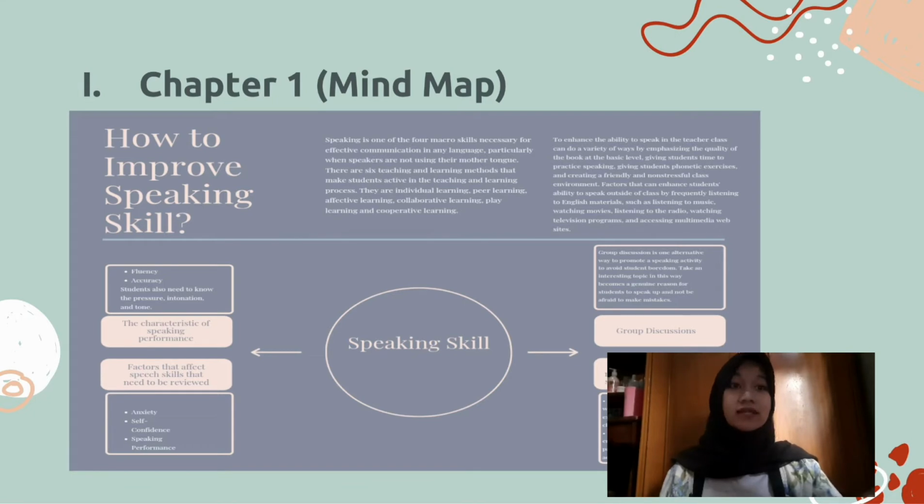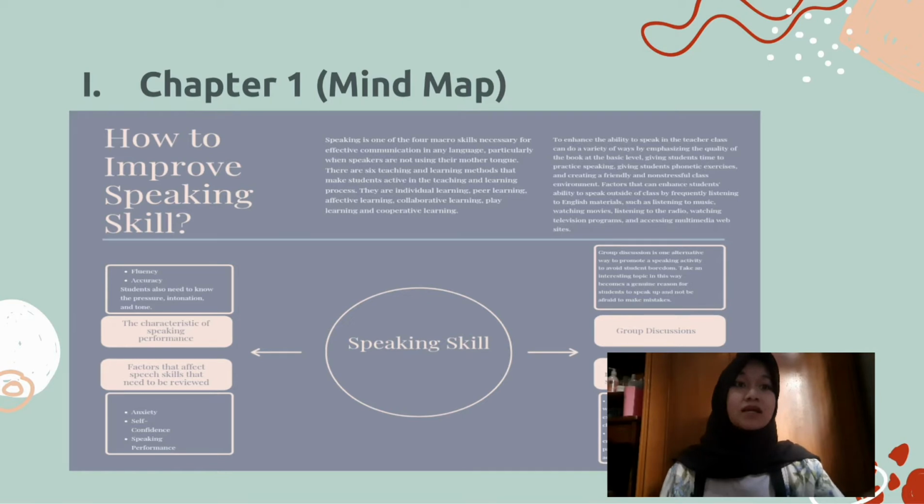To enhance the ability to speak, the teacher in class can do a variety of things by emphasizing the quality of the book at the basic level, giving students time to practice speaking, giving students phonetic exercises, and creating a friendly and non-stressful class.